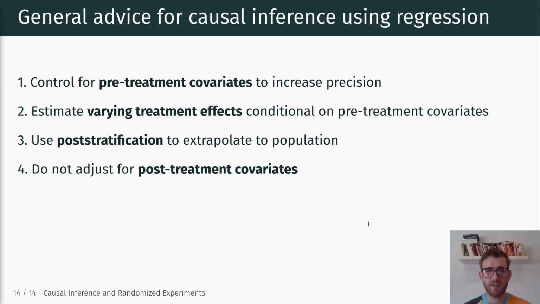Ultimately that will lead to imbalance between your treatment and control groups, and therefore bias your estimates, and you will not be able to recover any meaningful causal treatment effects anymore. So never adjust for post-treatment covariates when analyzing experiments using regression.